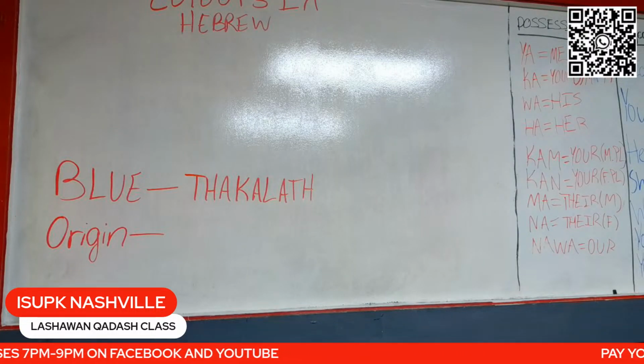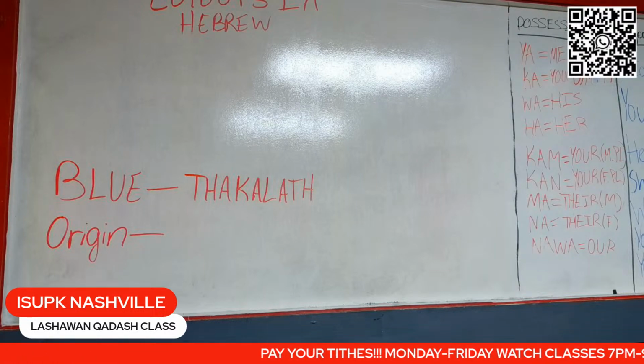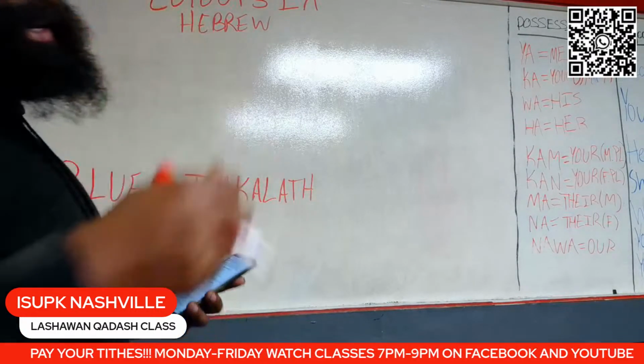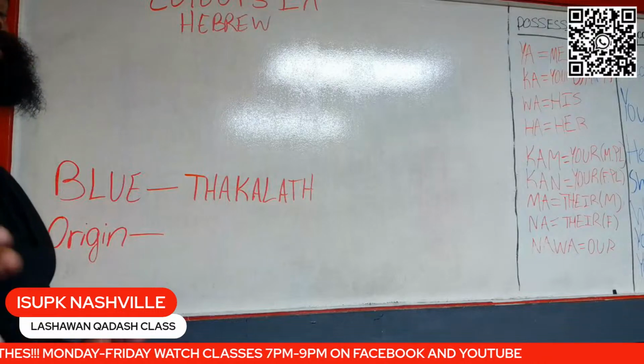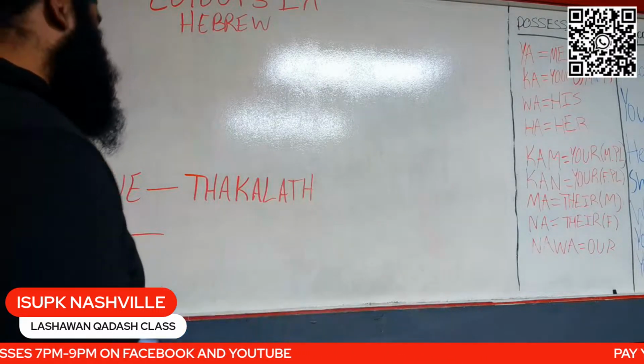And the origin for this would be the name of a shellfish with a blue shell used to make dye. So there was a shellfish that had a blue shell, and they used to use the shell off of that shellfish to make blue dye.